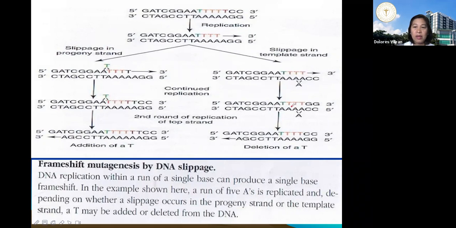Sorry, this one pala, 1, 2, 3, 4 should be. There's deletion of 1 T, so instead of 4, 5, 6, you have only 4 here. So either addition or deletion, this may result in mutation or frameshift mutagenesis, okay? Because this affects the reading of your nucleotides if you either insert or delete a particular nucleotide.